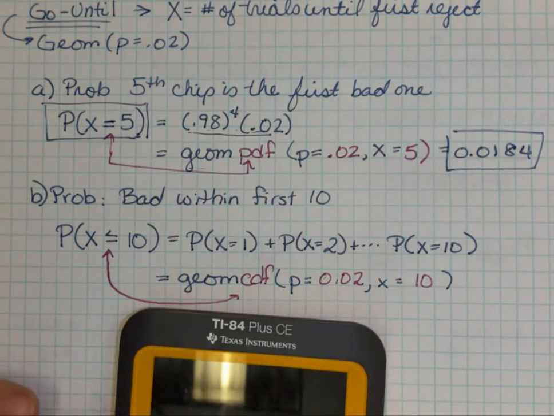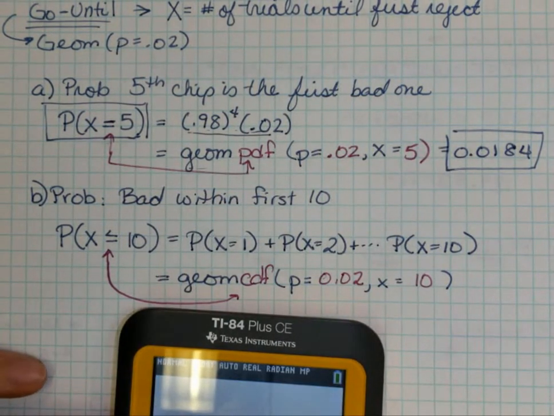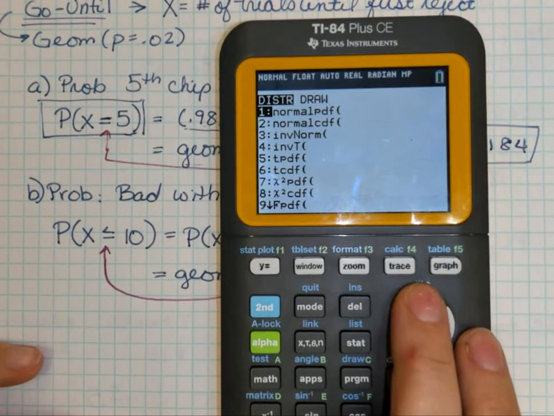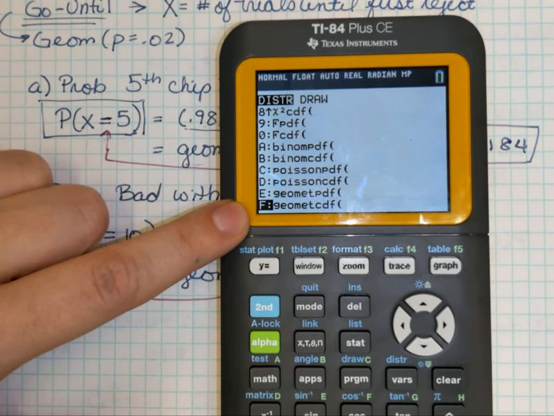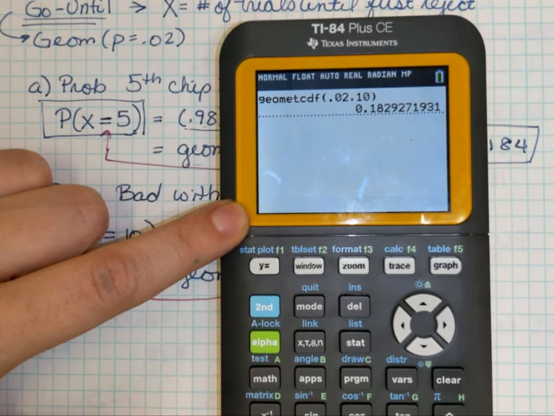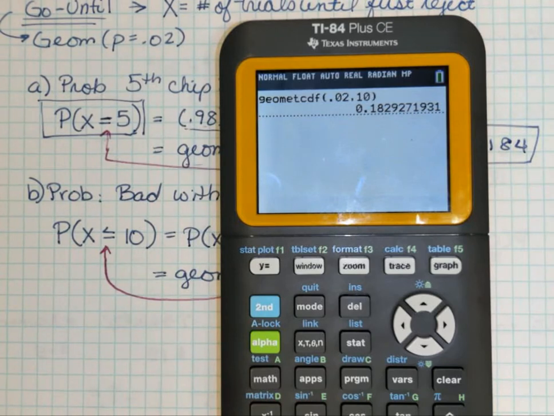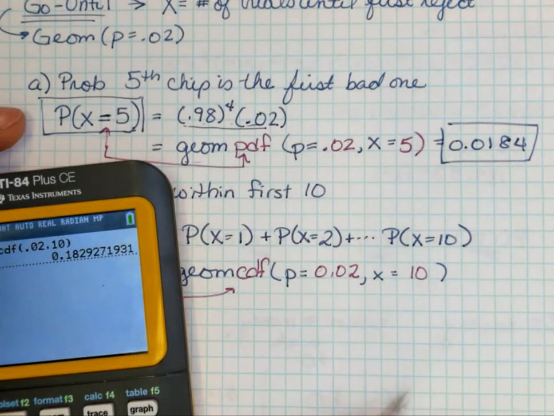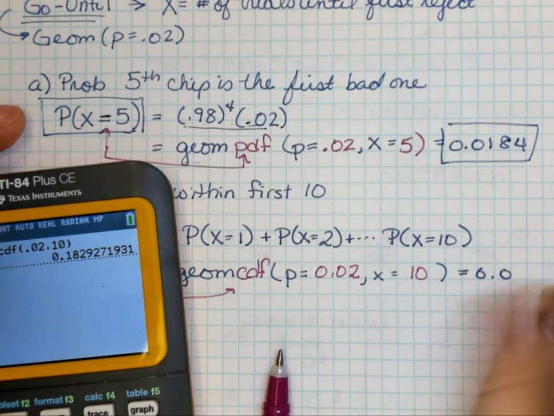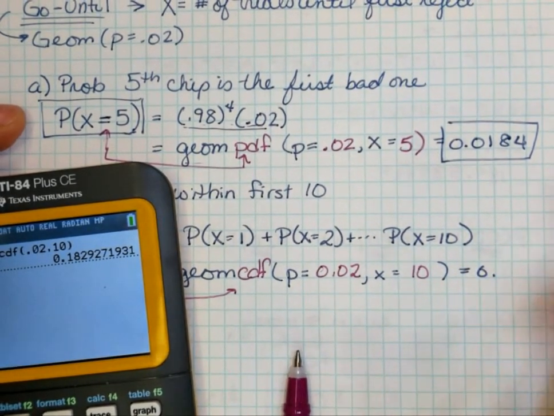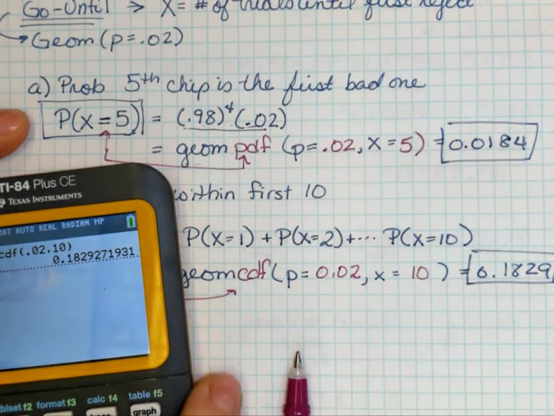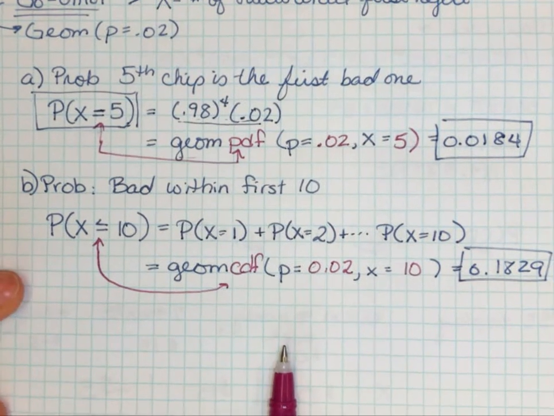So I just go to my calculator, and I go second vars. I love how it just messes with the lighting here. Geometric CDF, 0.02, 10. Go for it. Not a 0. 0.1829. There we go.